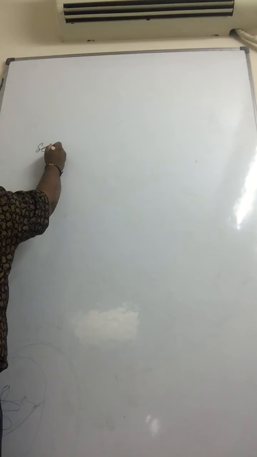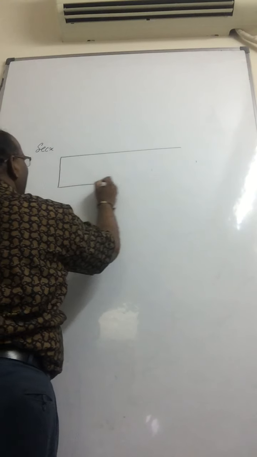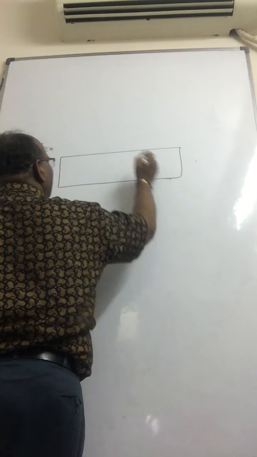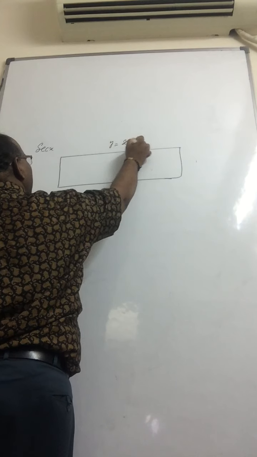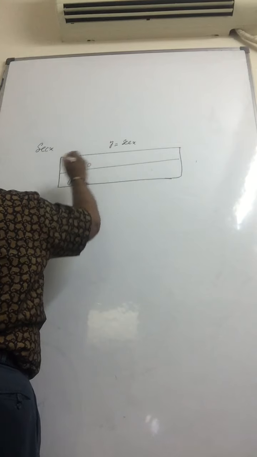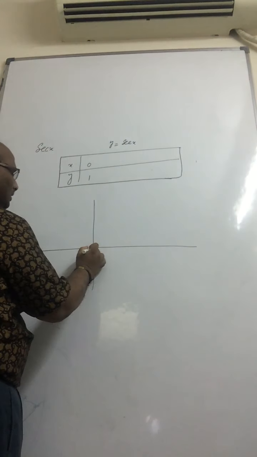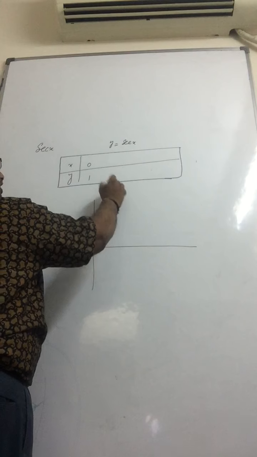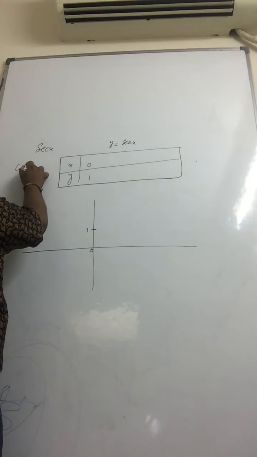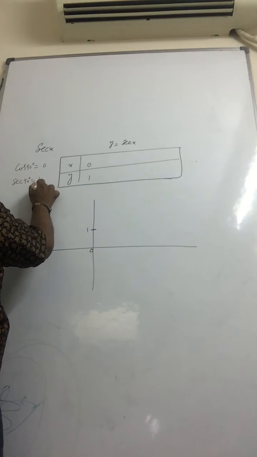Secant x graph, as usual. Here y is secant x. Secant 0 is 1. Cos 90, you know, is 0, so secant 90 is 1 by 0, which approaches infinity.